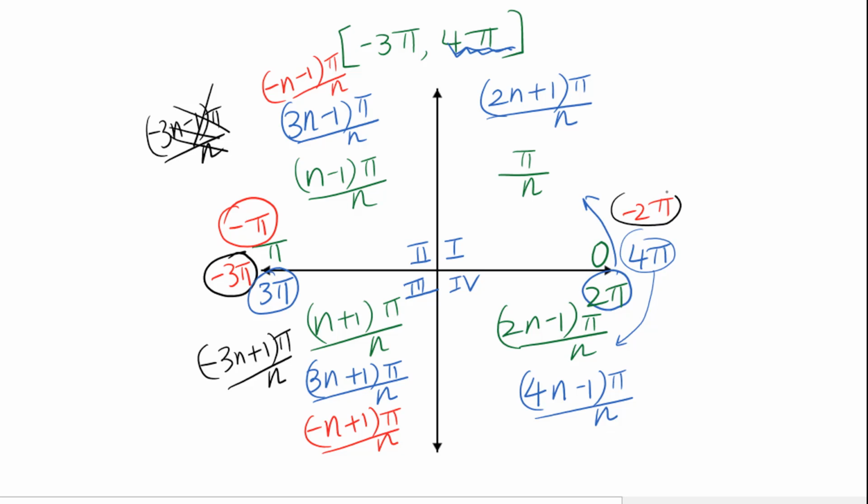Then for this negative 2 pi, you will get negative (2n plus 1) pi over n. Then this part, you will get negative (2n minus 1) pi over n. The diagram is very useful in the IB exam when a specific domain is given.